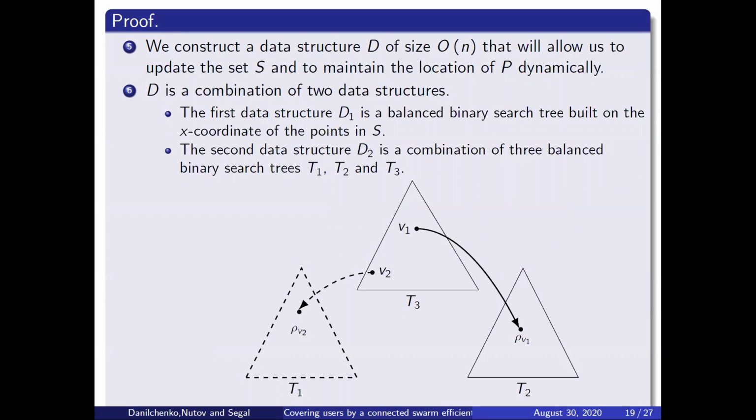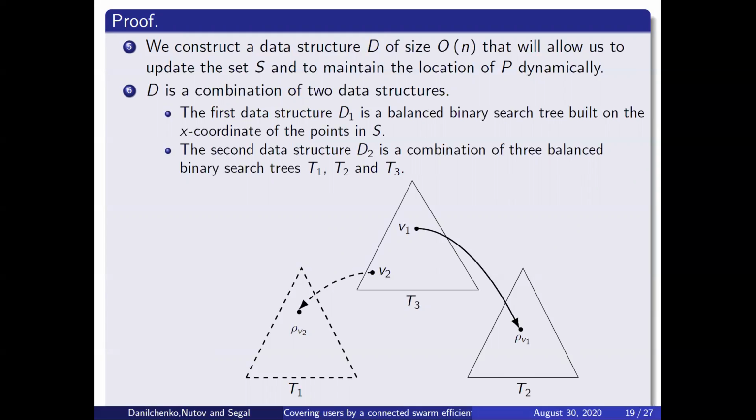The balanced binary search tree T1 is a tree where each node corresponds to the weight of cells from the grid covered by squares from set P. The balanced binary search tree T2 is a tree where each node corresponds to the weight of non-empty cells in the grid which are not covered by squares from set P. The balanced binary search tree T3, this one, is a tree where each node has a key and a value.